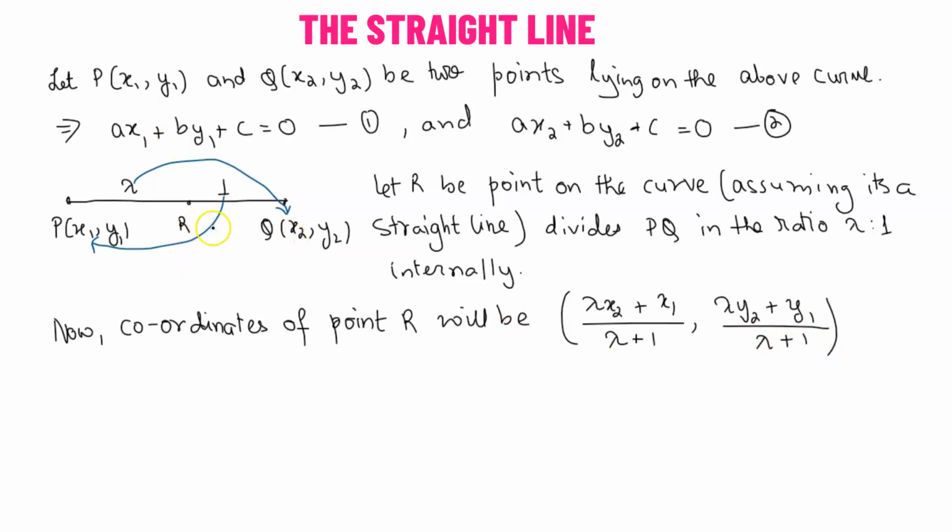In the next step, although we have assumed that R lies on the line and it divides PQ in the ratio lambda is to 1, we will now check for sure that R actually lies on the line. So how do we check that?